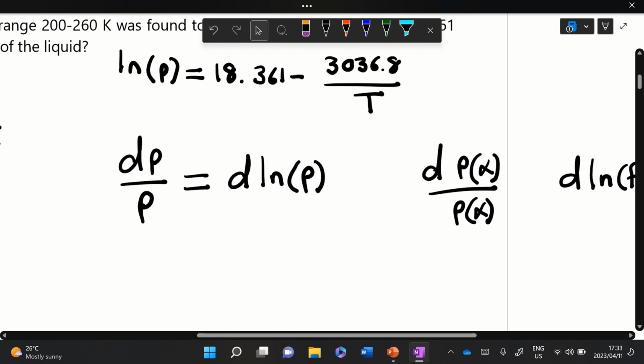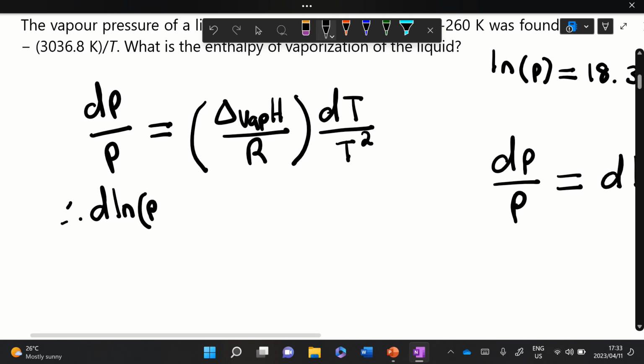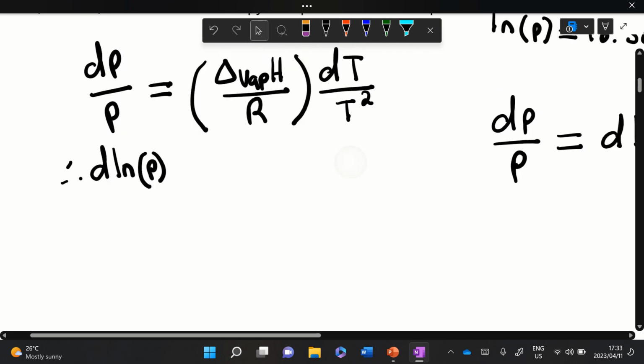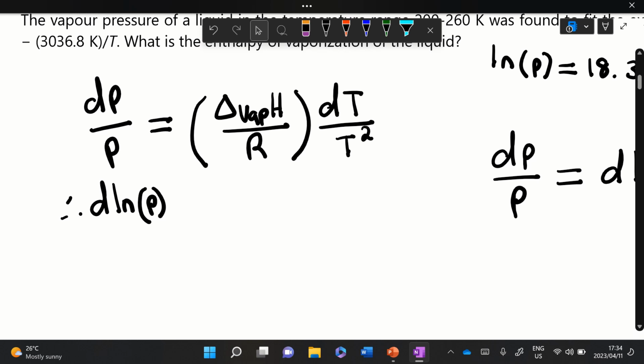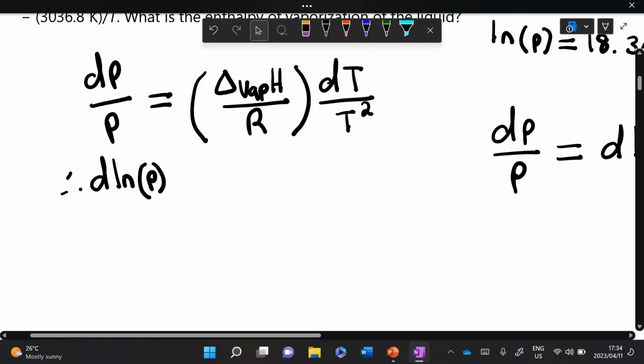So that's why we can make the substitution into our equation, that this is actually d ln of P, because P is a function in this case, not just a value. R is just a constant, but T and P in these cases are actually functions. So you can make these swaps, especially if P is going to be a logarithmic function.